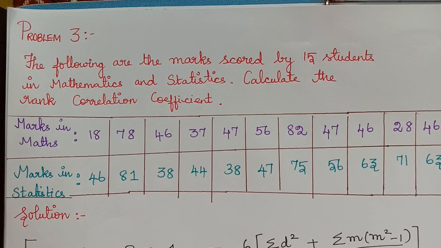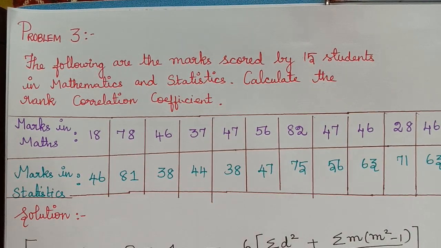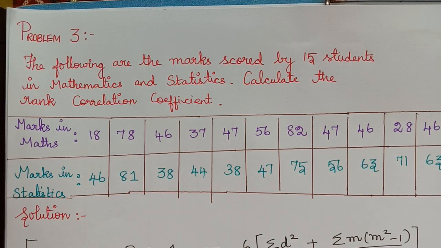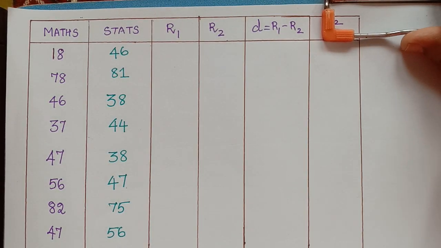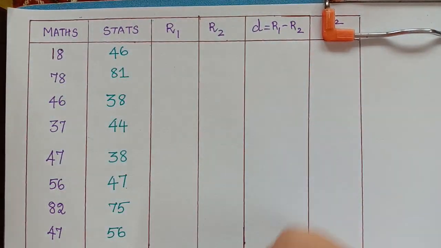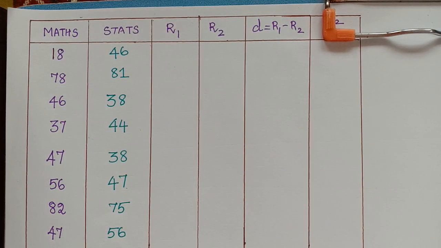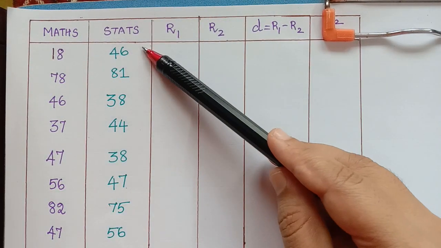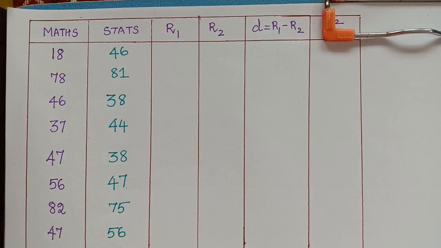As the first step we have to draw the table to rank these marks and to calculate the value of D square. Here we have the marks of the students in mathematics, which I have written along this column, and the marks scored by the students in statistics are written along this column.